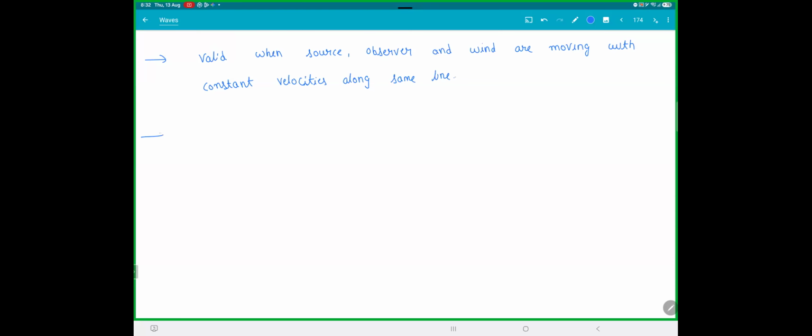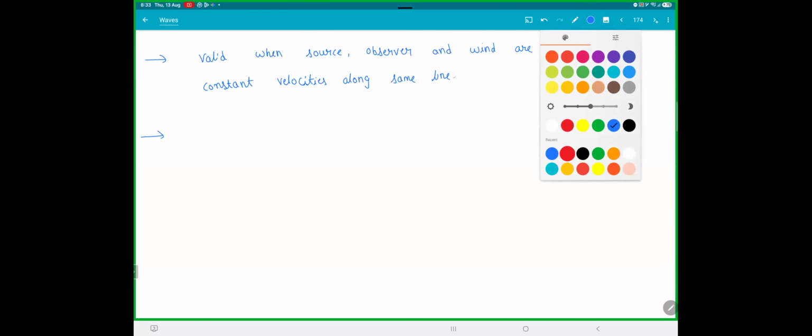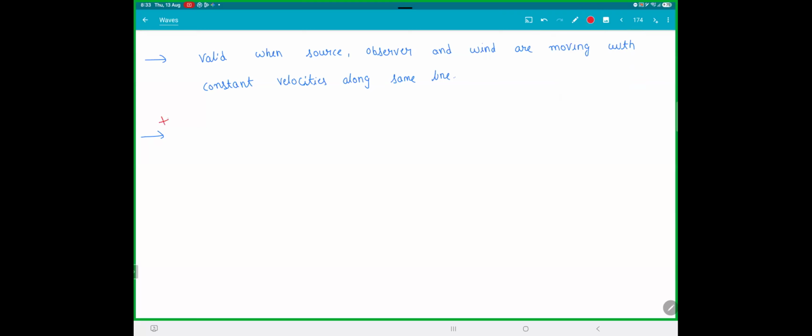Next thing, when you're solving this, never use relative velocities.